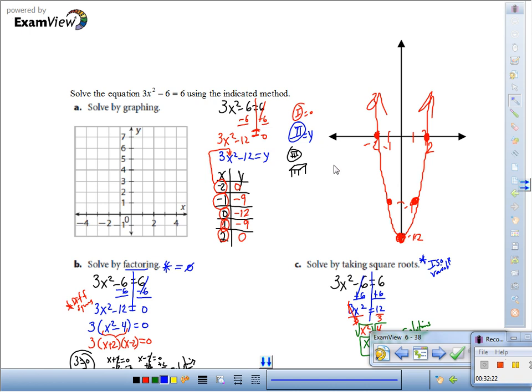Yes, you said whenever it crosses the x-axis. That is correct. X-intercepts are solutions. And what are the solutions? -2 and 2.